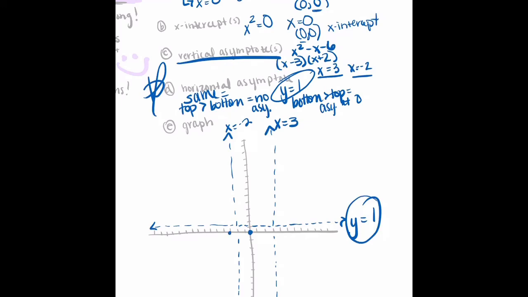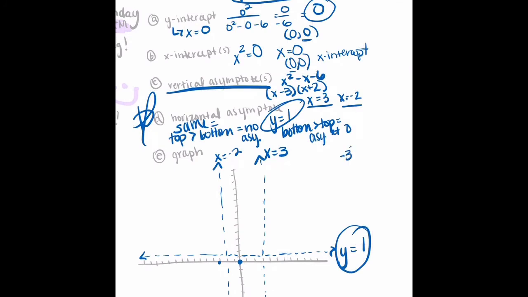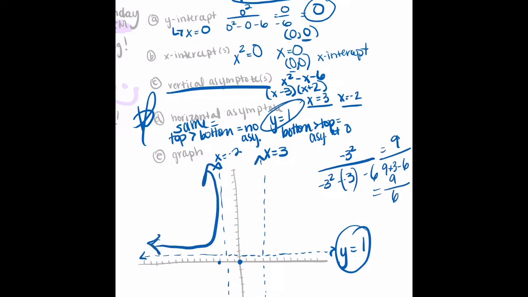When I plug in negative 3 squared over negative 3 squared minus a negative 3 minus 6, I get 9 over 9 plus 3 minus 6. So I get 9 over 6. So I know I'm going to get a positive value here.